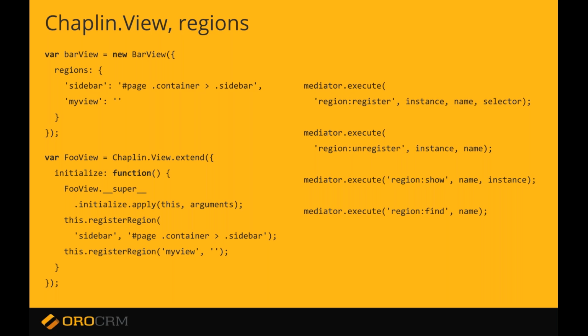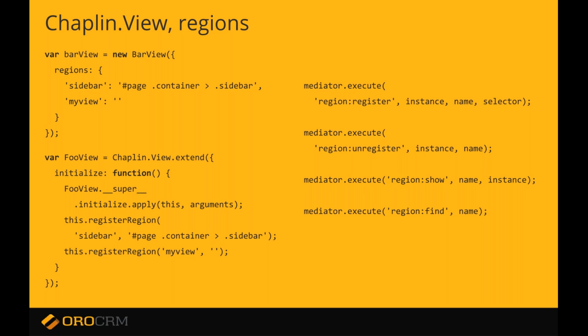Chaplin also provides some interesting approach for naming some selectors. So we can create an instance and say that some selectors have aliases, and these pairs are named regions. So we can declare regions.